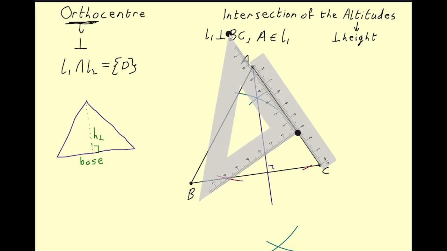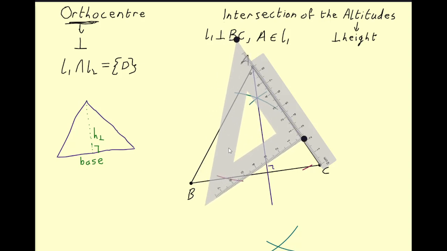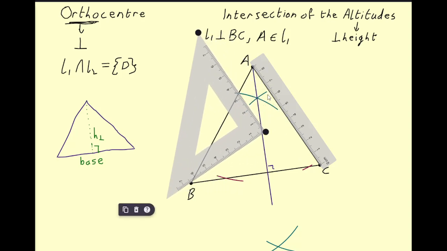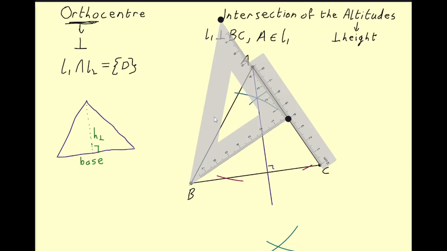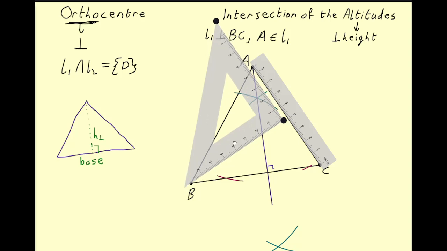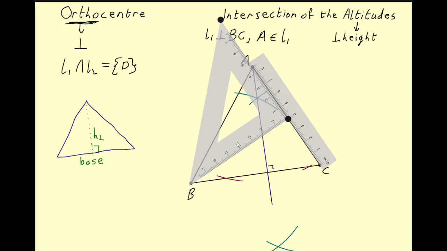So bring that around so that it's in line with our ruler. Make sure our ruler is along AC, and then we're going to slide along the ruler until we're in line with B.